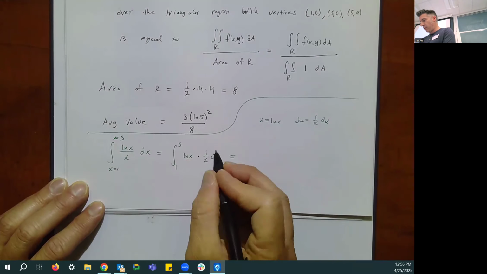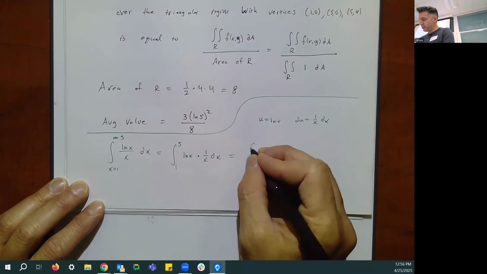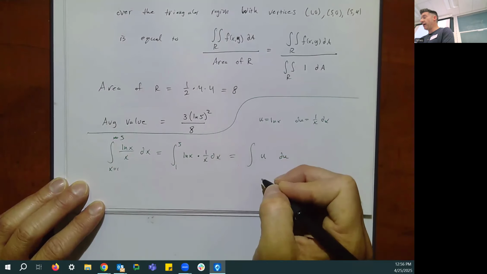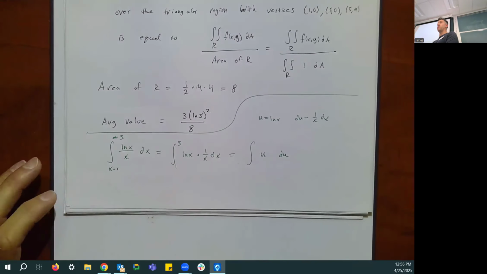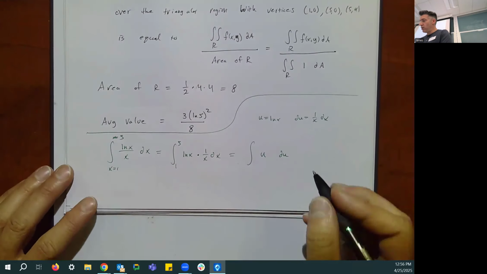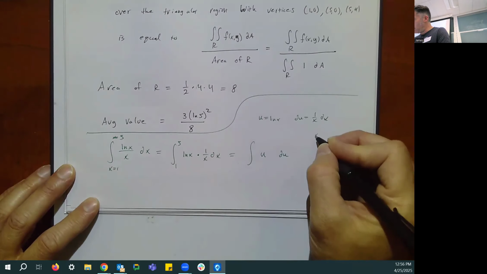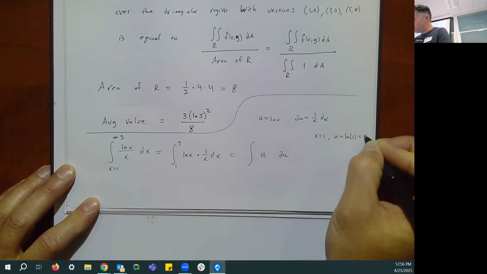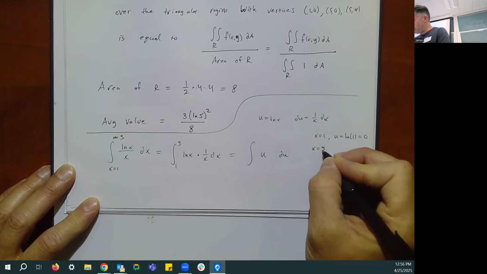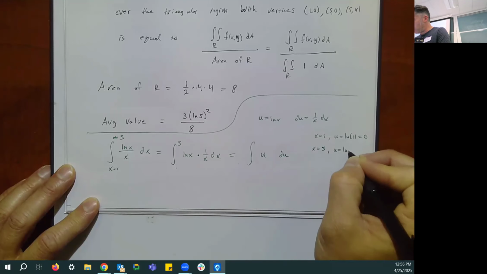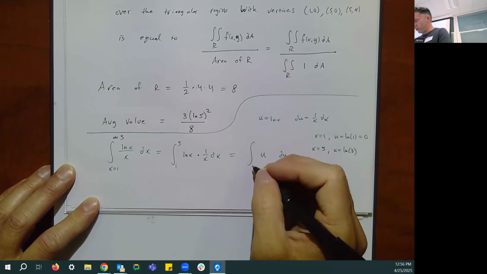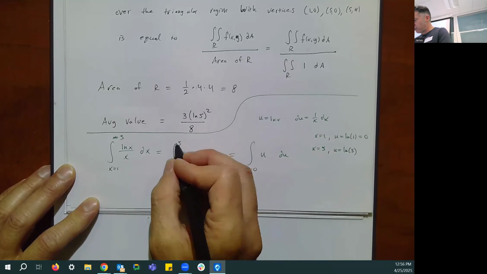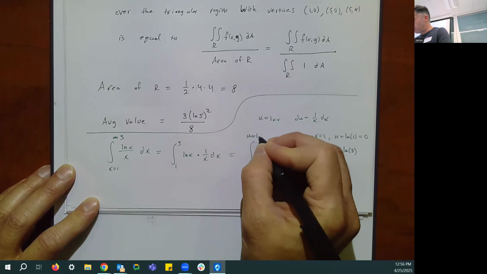And then my 1 over x dx became du. My natural log of x became u. And since it's a definite integral, I changed my limits of integration. If x is equal to 1, u is going to equal the natural log of 1, which is 0. And if x is equal to 5, u is going to equal the natural log of 5. So instead of x equal to 1, I get u equal to 0. Instead of x equal to 5, I get u equal to the natural log of 5.